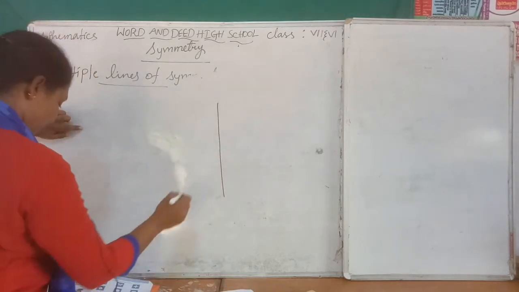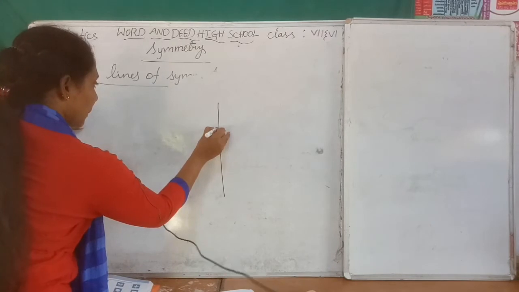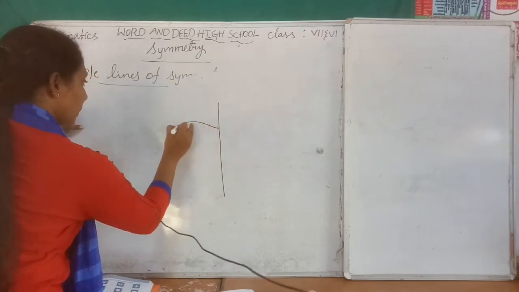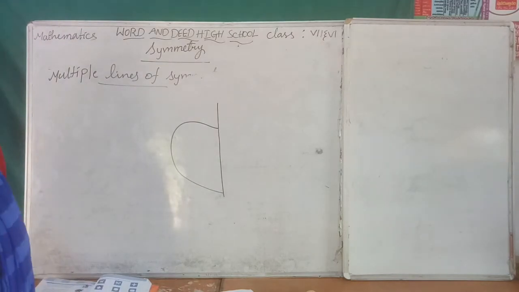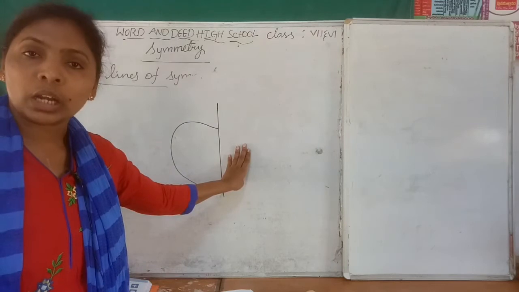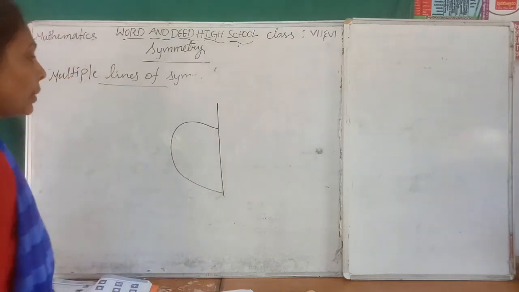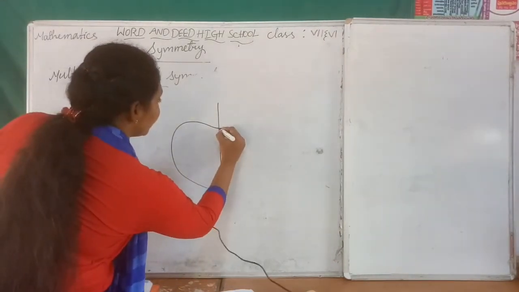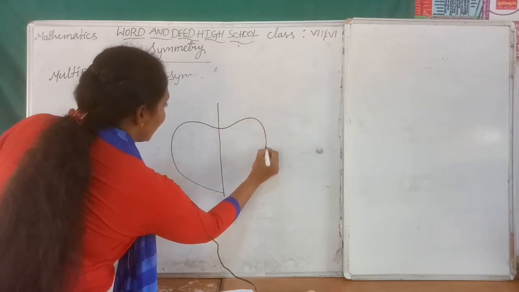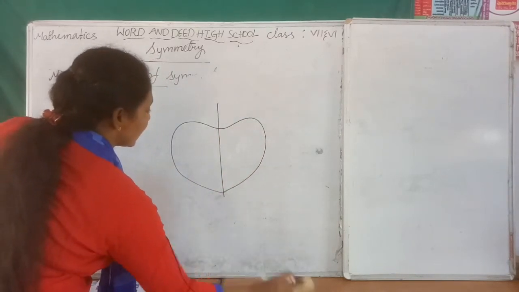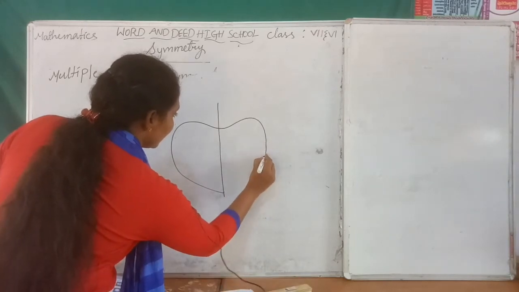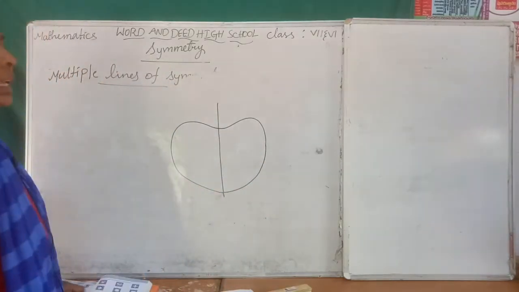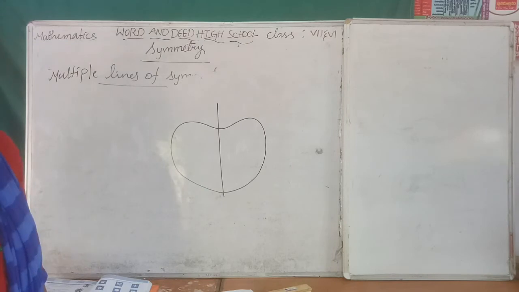This is a line of symmetry. Half of the picture they have given. So can we draw the other half or not, children? Yes, we can draw. See how it is. Same mirror images only, children. Symmetry means mirror images. So this is the symmetry, children.